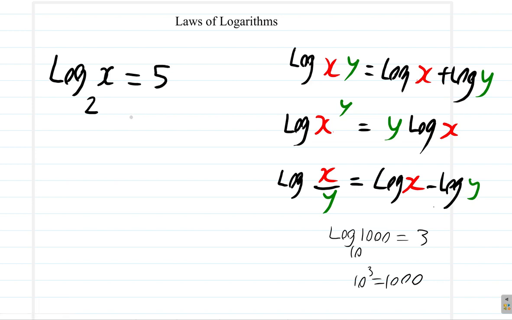What is x equal to? Let's see. Change from log to index form. 2 is the base, so it's 2 to the power of. The power in index form was the answer in log form, so the answer is 5. 2 to the power of 5 is equal to x.